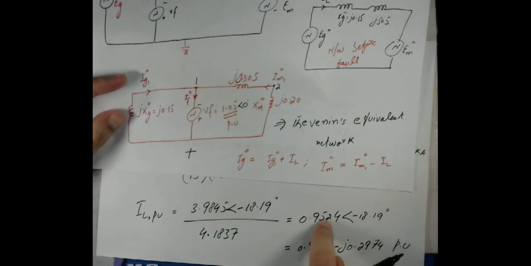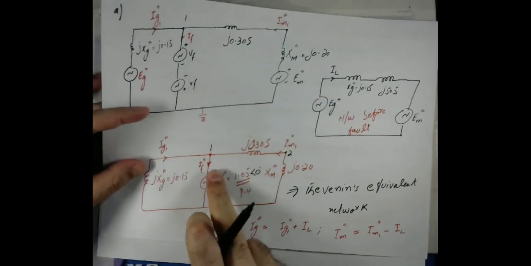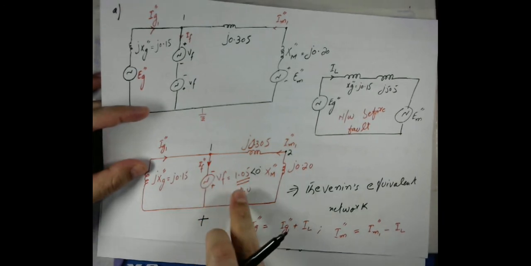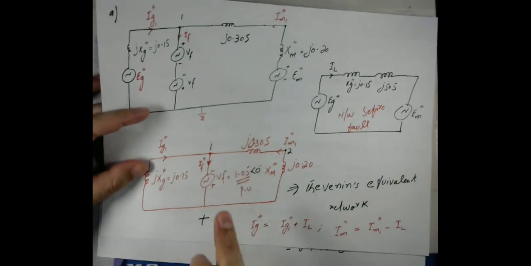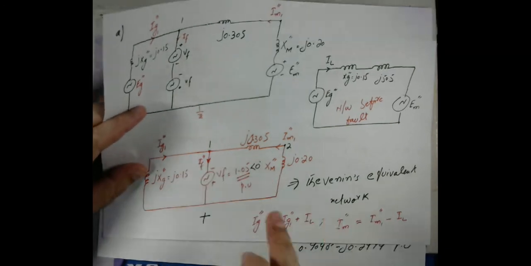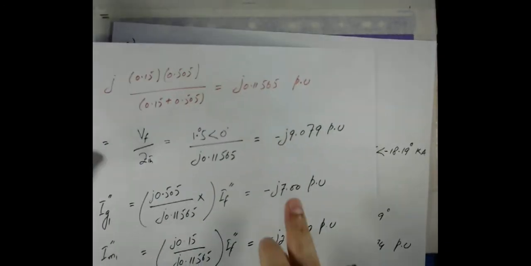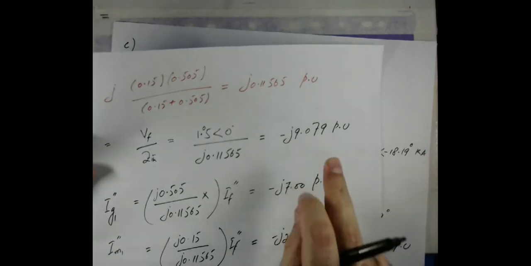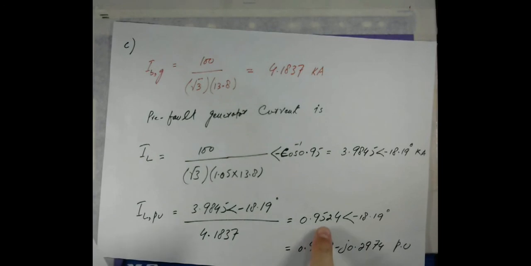Now if we compare this value with the value under the fault condition, basically the value of the current during the fault, which we represent by IF double prime, one can see that it is 9.079 ampere compared to 0.9524.